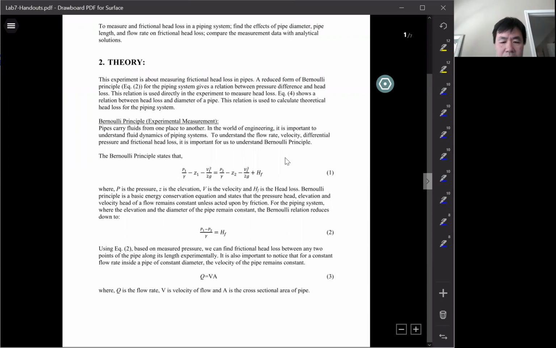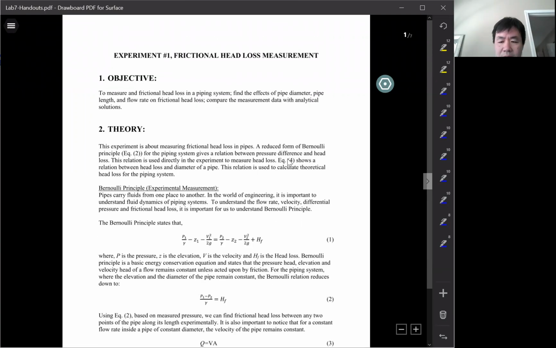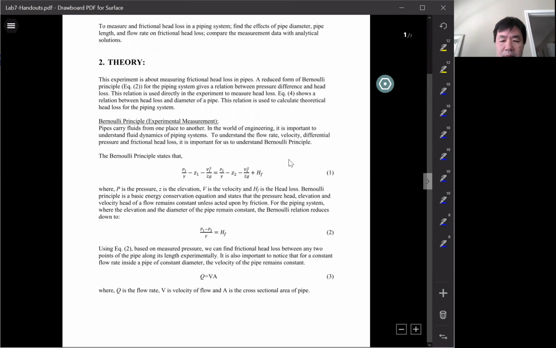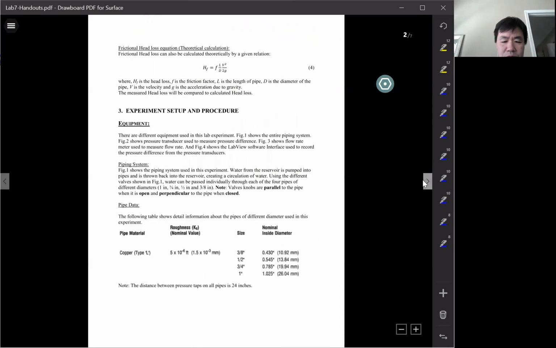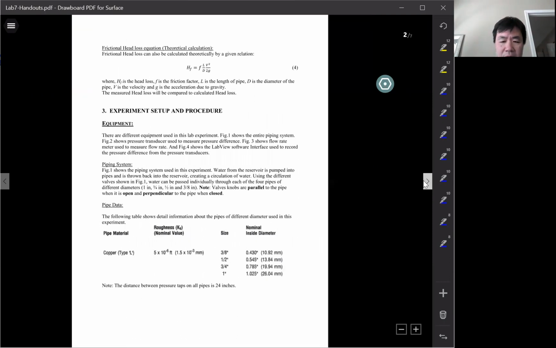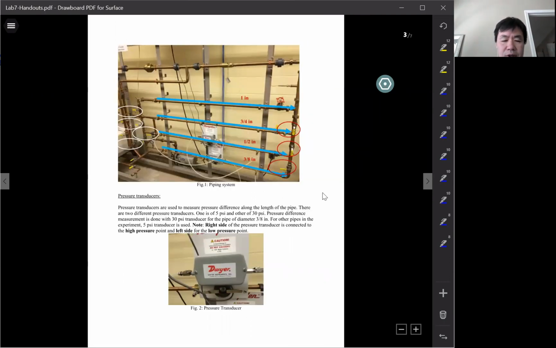So for the measurement, let me show you the equipment first. Notice here you have 4 parallel pipes. Here I marked the blue color. Let me make it larger.